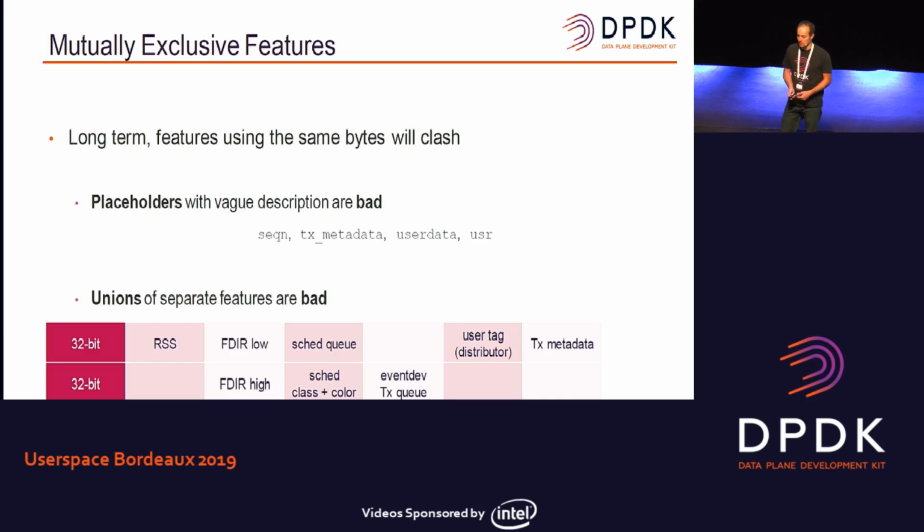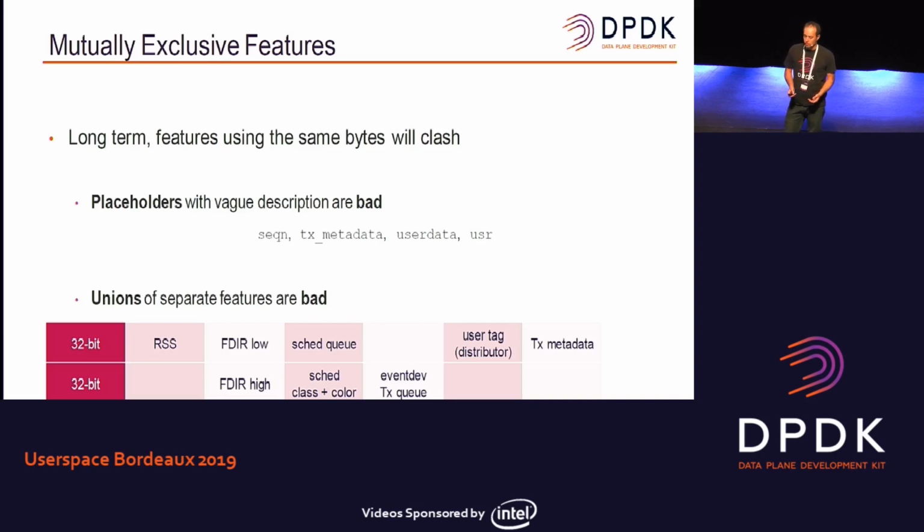So what is it? It can be used for many things, for the application. There's even some user data. Again, when we say user, this is the application, so this is a field for application usage. There is also something called USR. As far as I know, it's used only in the distributor library, but that's free to use.